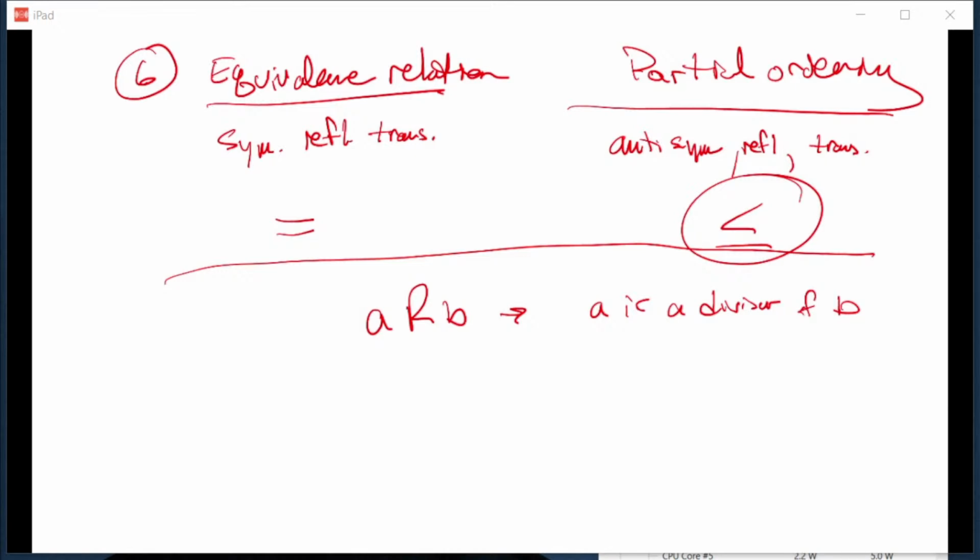Some things are related to others, but you are anti-symmetric because if 6 is a divisor of 12, 12 can't be a divisor of 6 unless you were dealing with the same number, like 5 is a divisor of itself. So hopefully that explains the deal with number 6.